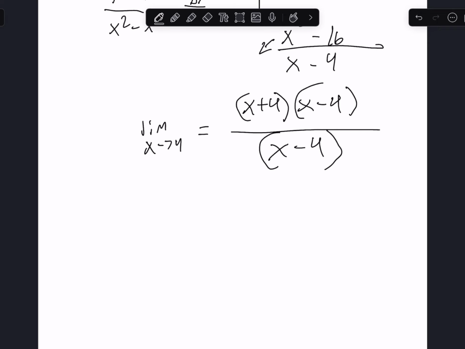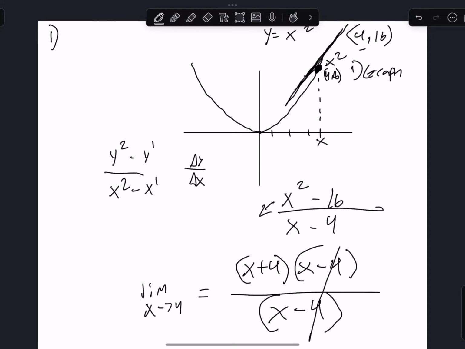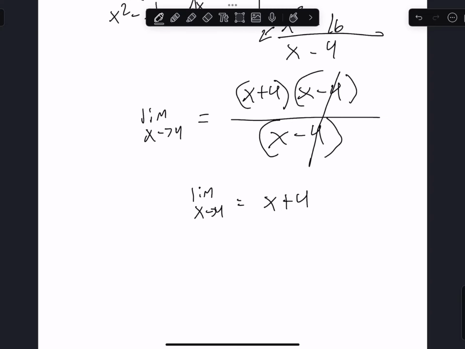Now, x minus 4 on the top and x minus 4 on the bottom cancel each other out. So in the limit, when x is approaching 4, will equal x plus 4. We know our x is 4, so we just input that, and we get 8 for our slope. Our slope will be 8.